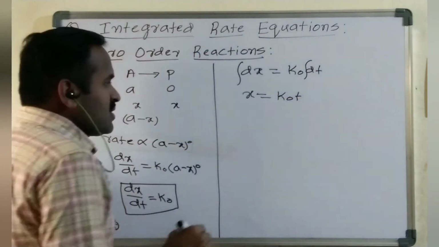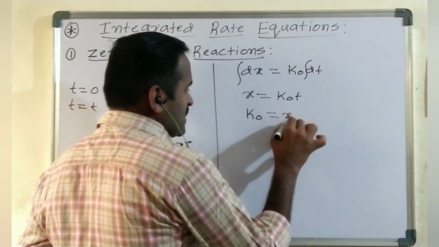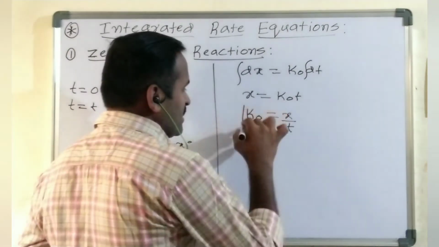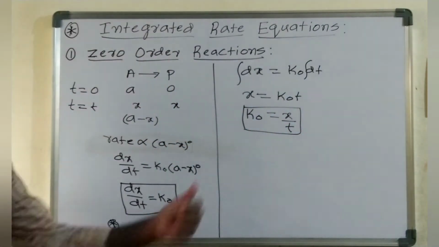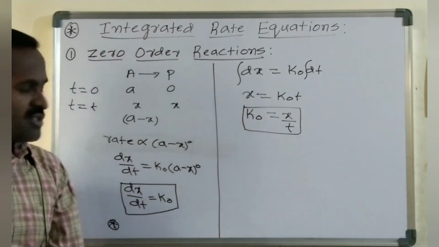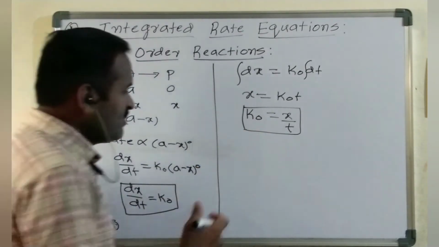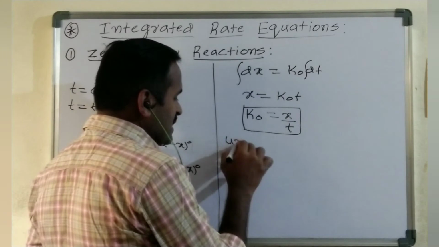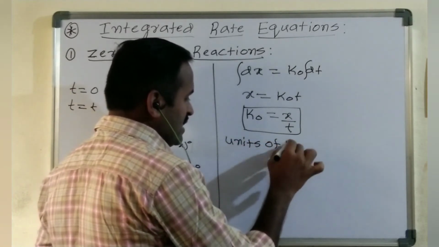Here the rate constant k naught is equal to x by t. So the rate constant for a zero order reaction, k naught, is equal to x by t.